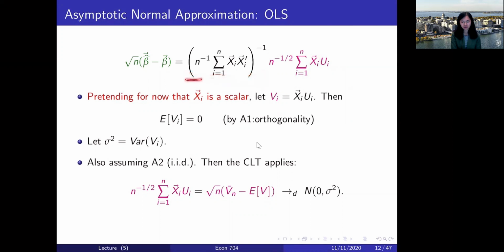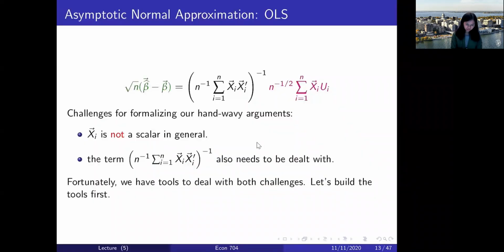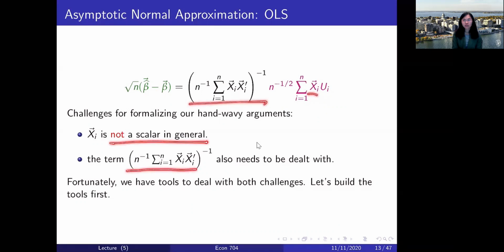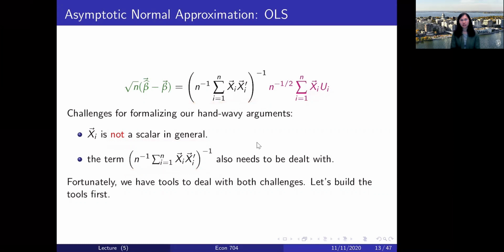How do we deal with both pieces together? That's a problem we want to solve as well. So these are the two challenges. x is not a scalar in general, and this term also needs to be dealt with when we derive the asymptotic distribution.